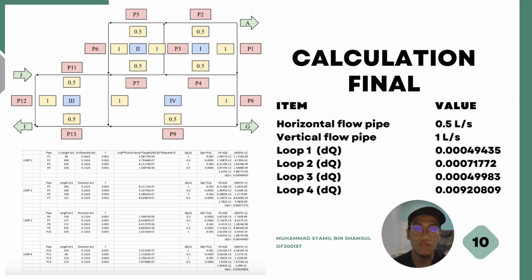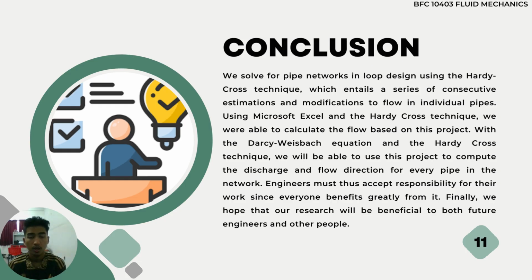For loop 3, the value of dq is 0.000499983. For loop 4, the value of dq is 0.00920809.